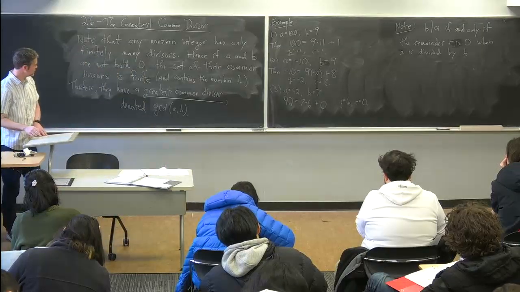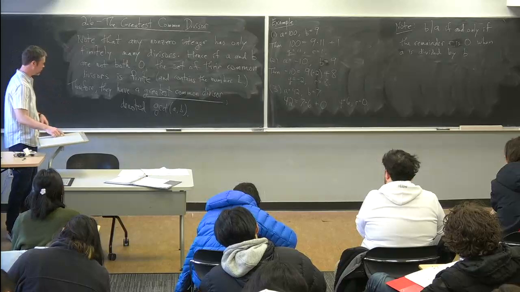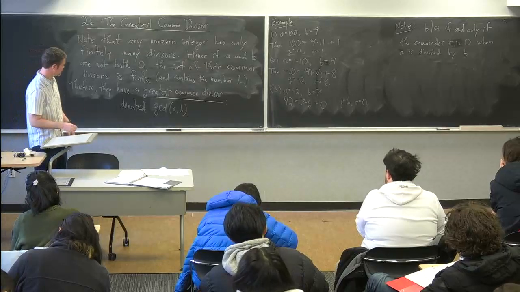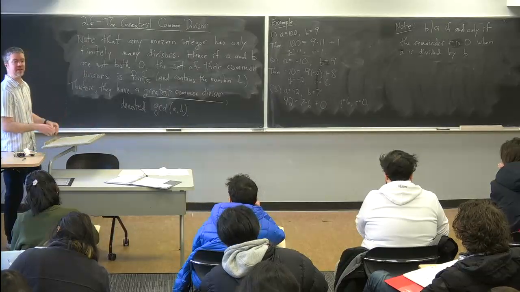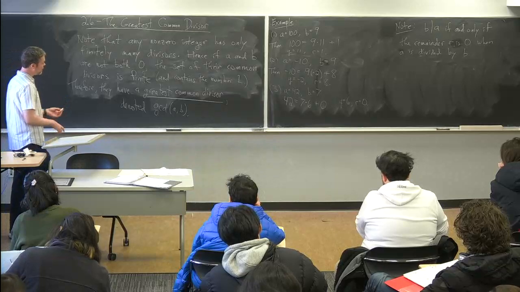This is essentially the definition: the greatest common divisor is the greatest element of the set of common divisors. That's what its name says it is, basically. But anyway, it will have such a thing.